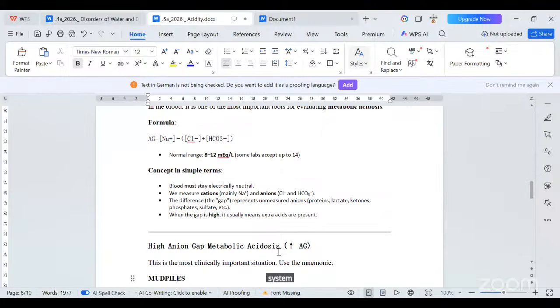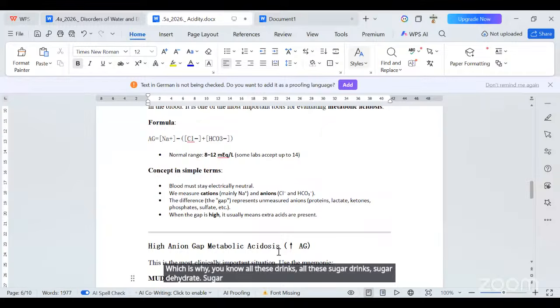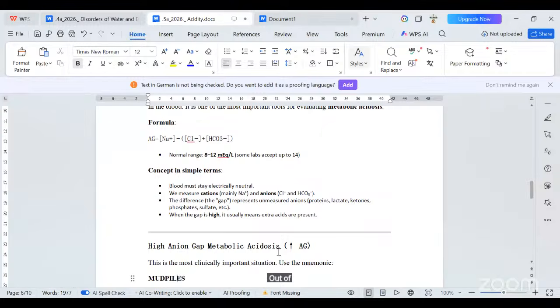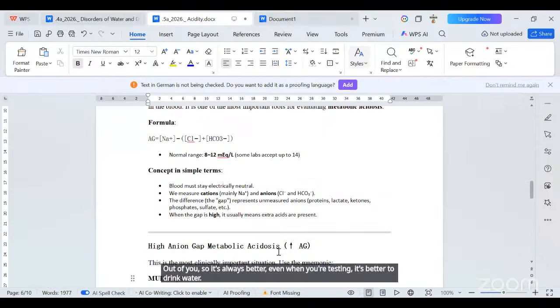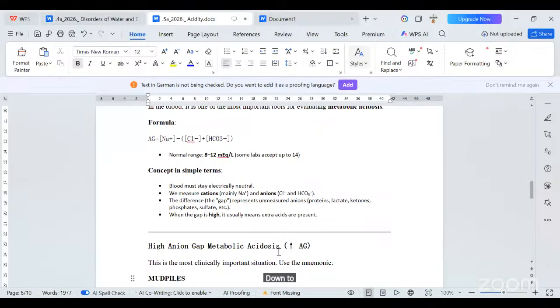Which is why with all these sugar drinks, sugar dehydrates, sugar drains fluid out of you. So it's always better, even when you're thirsty, to drink water than to load your system with sugar.